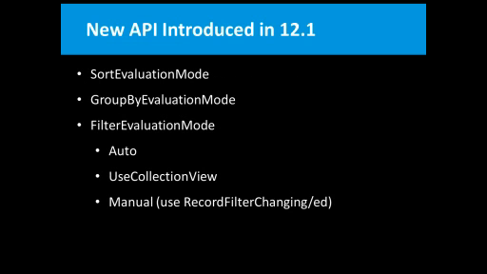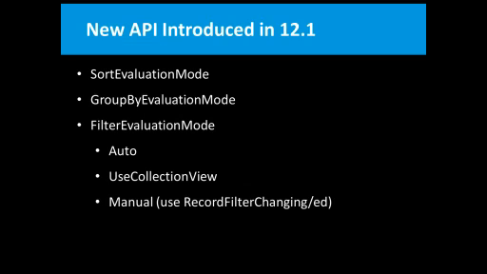So how does this work, and what's the API? There's 3 new properties we introduced: sort evaluation mode, group by evaluation mode, and filter evaluation mode. All of these you can set to auto. Auto is the default. Everything's happening on the UI thread, which is not ideal, especially when you have large amounts of data.